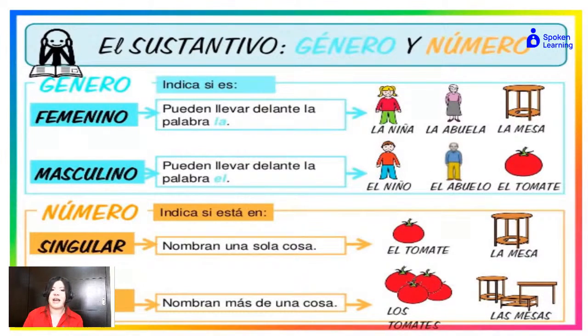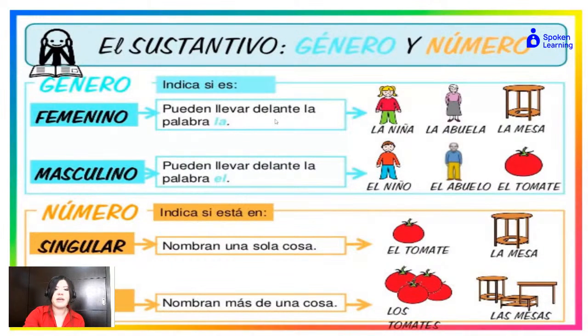Y aquí tenemos algunos ejemplos. Algo que nos puede ayudar también a identificar el género de una palabra es el acompañante, que puede ser la para palabras femeninas o el, que es para palabras masculinas.